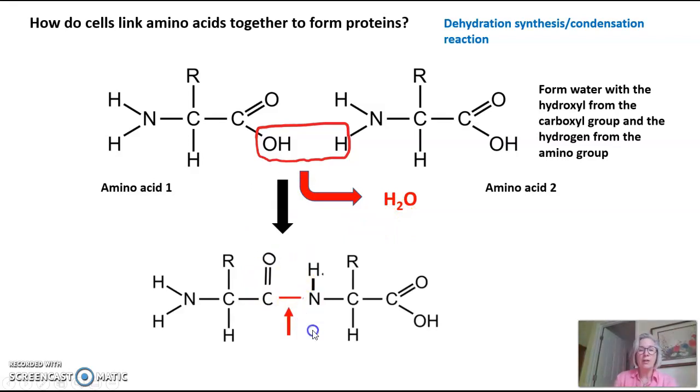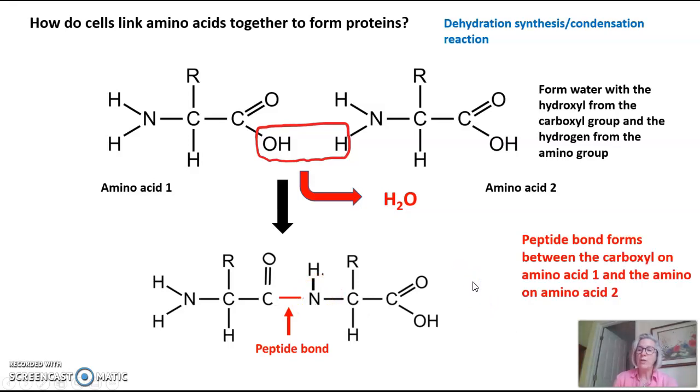And then a new bond called a peptide bond is going to form between the carbon of the carboxyl unit of amino acid 1 and the nitrogen of the amino group from amino acid 2. What's very important to note is that the peptide bond forms between the carboxyl and the amino of the two amino acids.